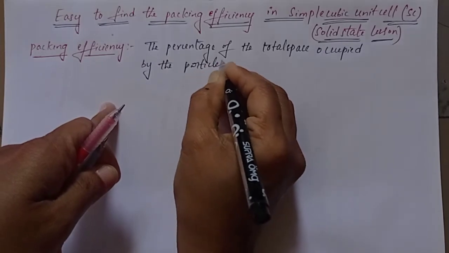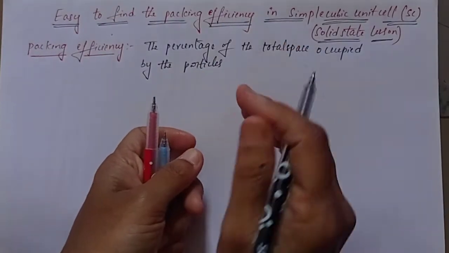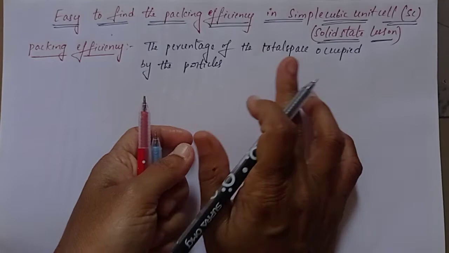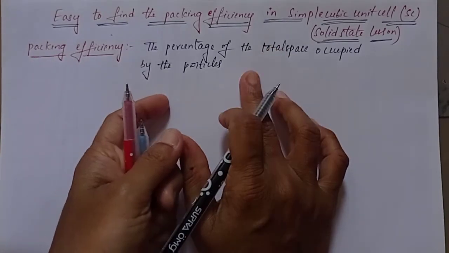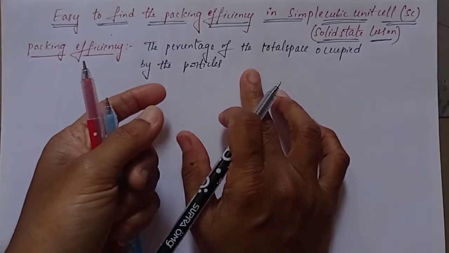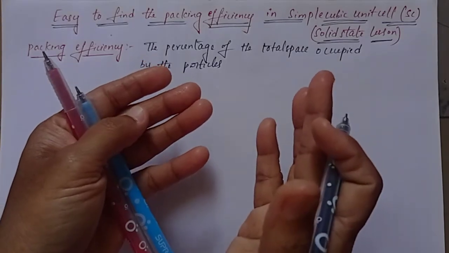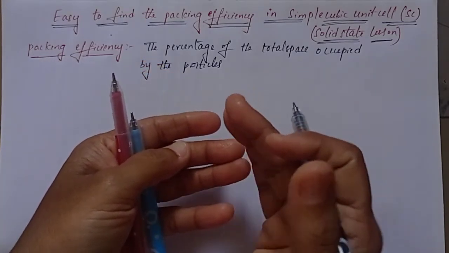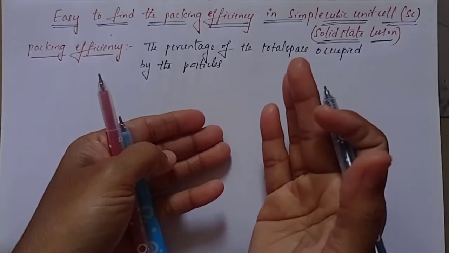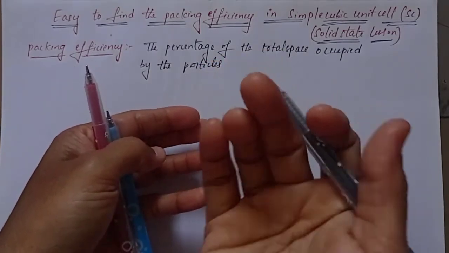The percentage of the total space occupied by the particles is called packing efficiency. Clear? So how much percentage of the space is occupied by the particles in the unit cell is nothing but packing efficiency, students.